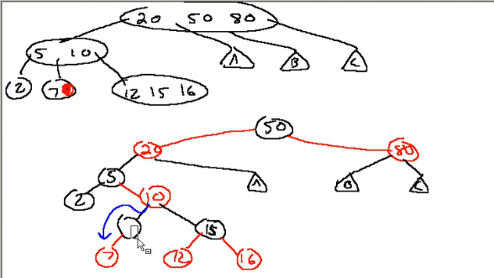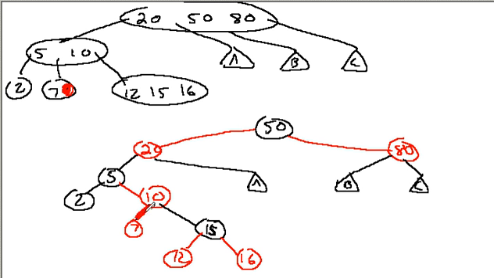The parent should be pointed down to the one child of the node we're getting rid of. And that node right now is colored red, so this is what we've got here. 7 is now the direct child of 10 rather than the grandchild of 10. That was the consequence of deleting 8.